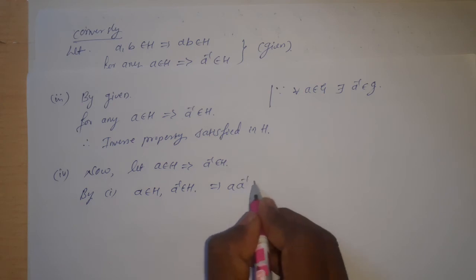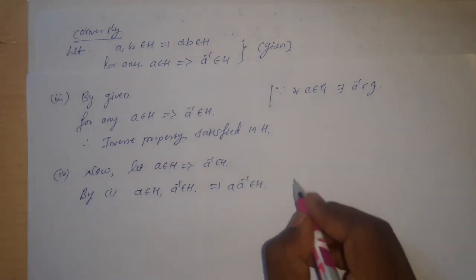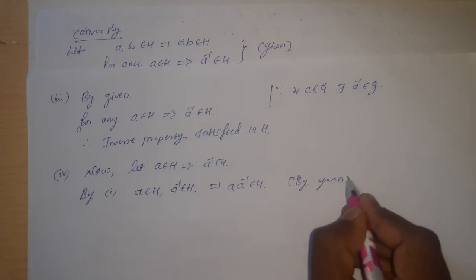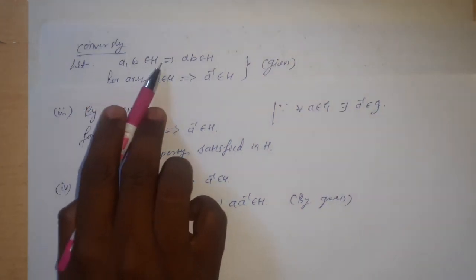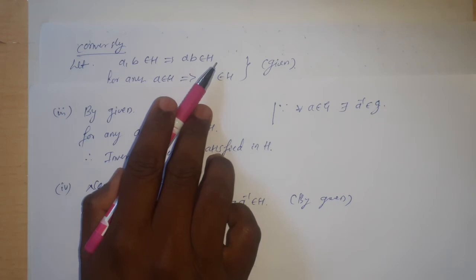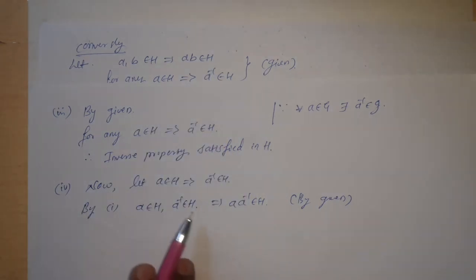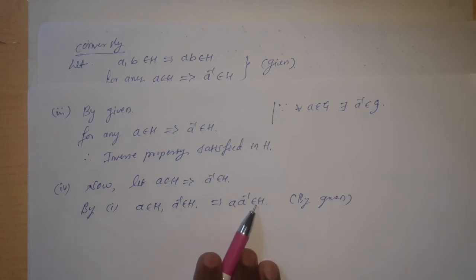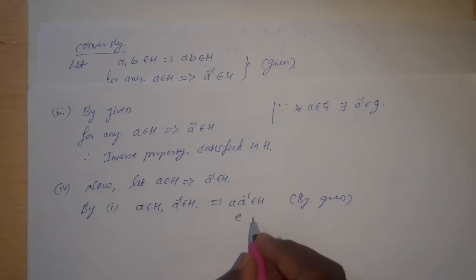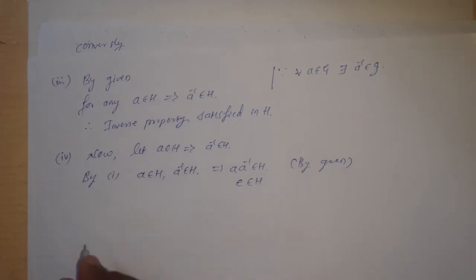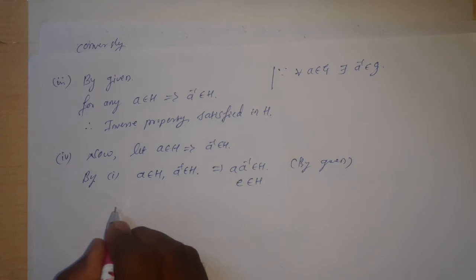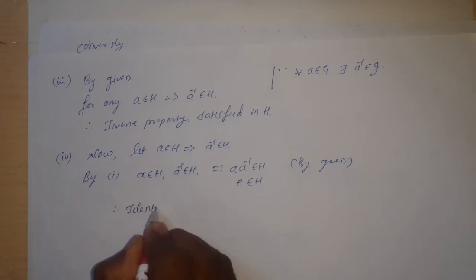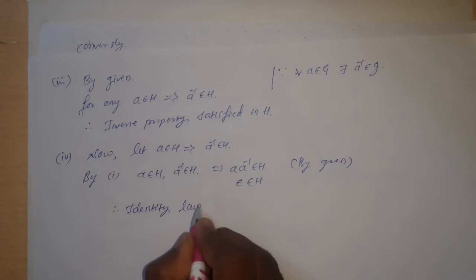We can write this as given. The first point is given, that AB belongs to H, means the product of those two is also in H. Hence A belongs to H, A inverse belongs to H, then the product of them, A into A inverse, belongs to H, and we know that A into A inverse is nothing but the identity element. So, that also E belongs to H. So, therefore, E belongs to H, it implies that the identity law is satisfied.